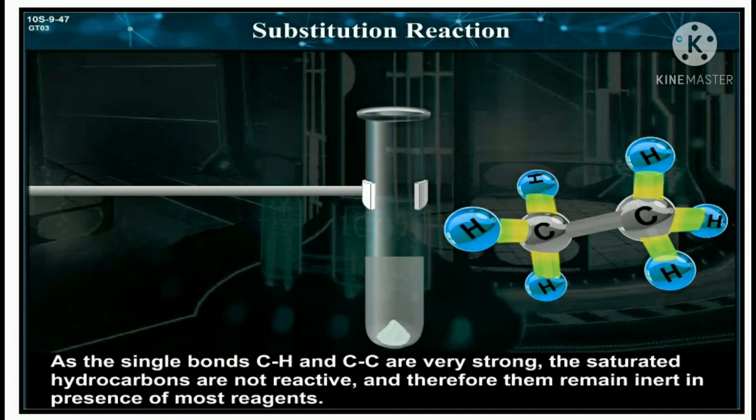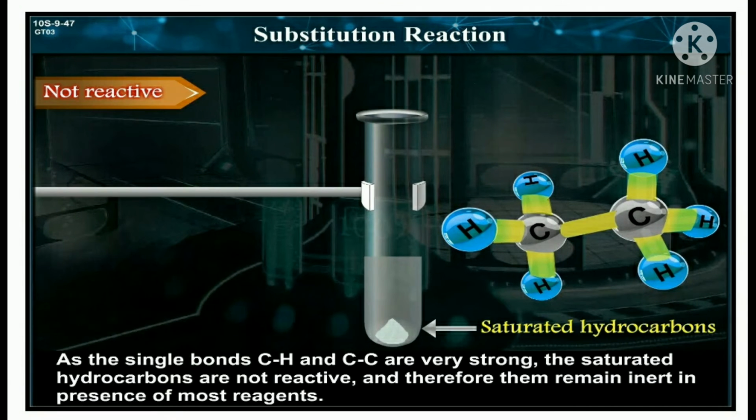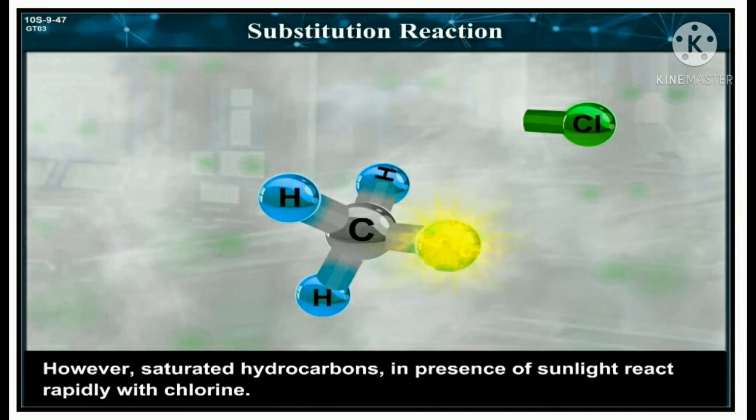The next chemical property of carbon compounds is substitution reaction. As the single bonds C-H and C-C are very strong, the saturated hydrocarbons are not reactive and therefore they remain inert in presence of most reagents. However, saturated hydrocarbons in presence of sunlight react rapidly with chlorine.